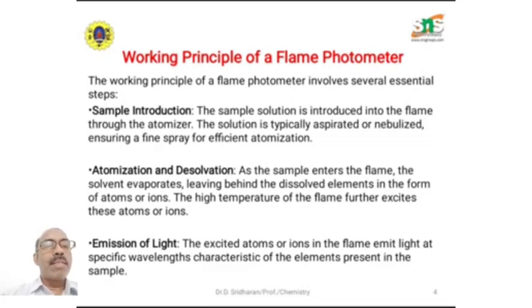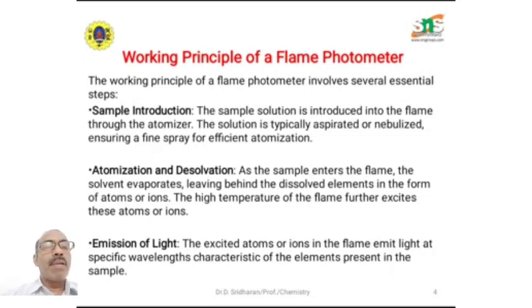Next step, atomization and desolvation. As the sample enters the flame, the solvent evaporates, leaving behind the dissolved elements in the form of atoms and ions. The high temperature of the flame further excites these atoms or ions.